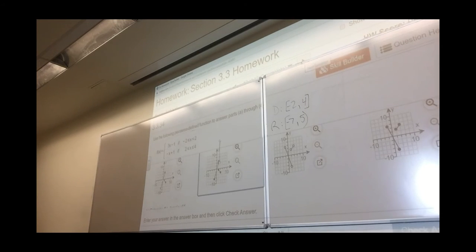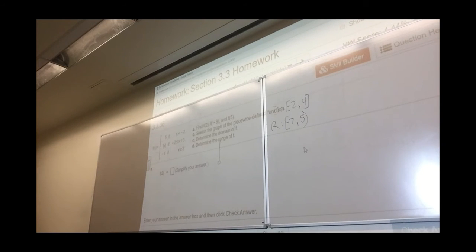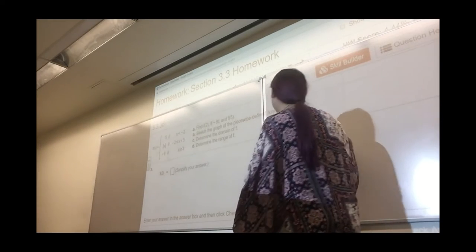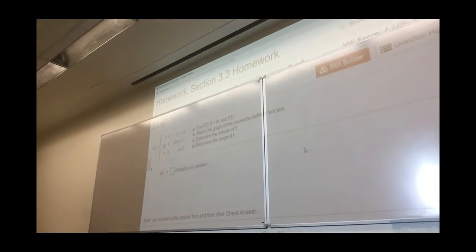Okay, because I'm just going to skip typing in the domain range. Okay, what about this? This is a little bit of a mess, right? So, first we want to, again, plug in, and then we want to sketch the graph.